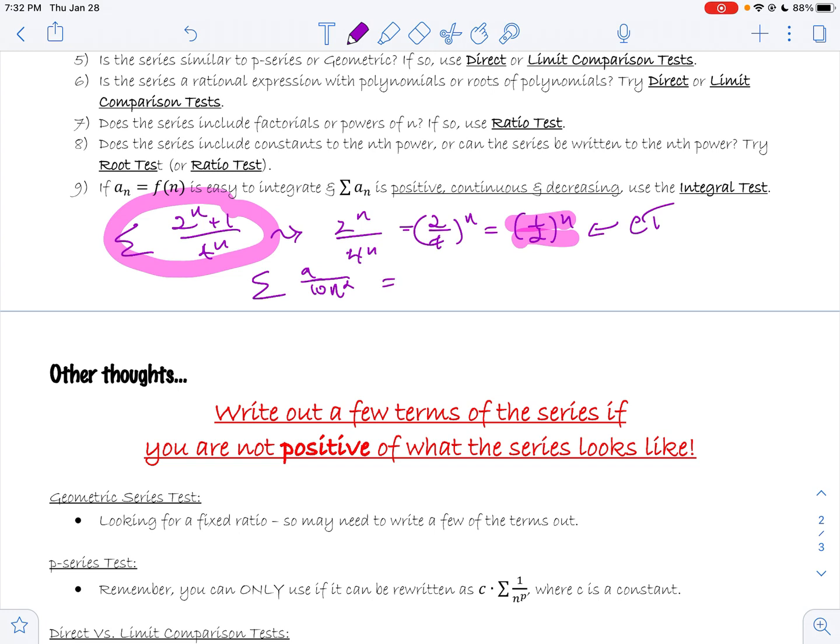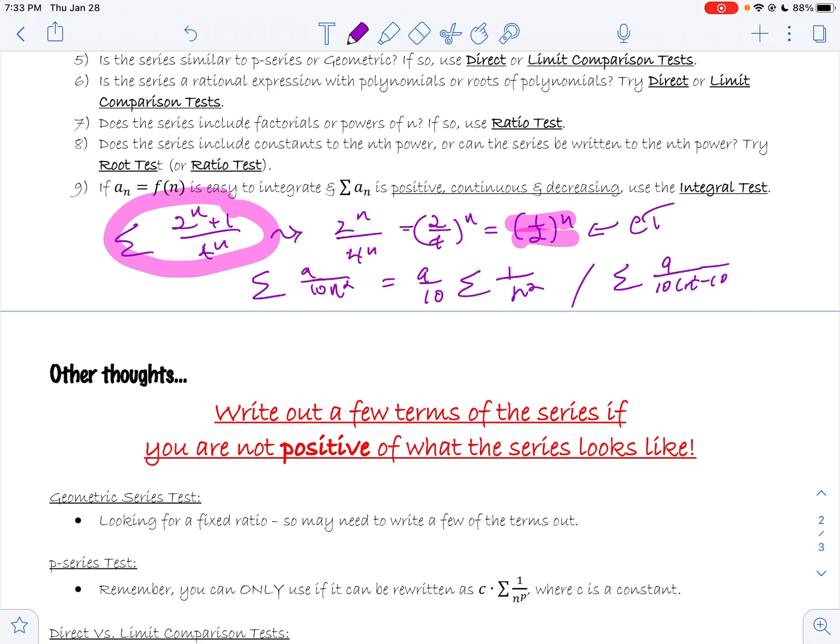Now I can pull that 9/10 out, and when I look at it, I have exactly a p-series. Not close to a p-series, exactly a p-series. And so this one I can use the p-series test for. But if it was something like 9/10 times n squared minus 10, not a p-series anymore.